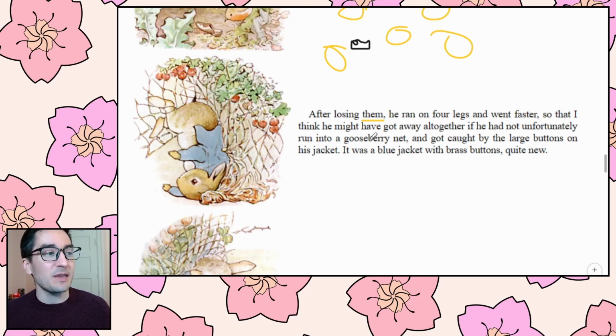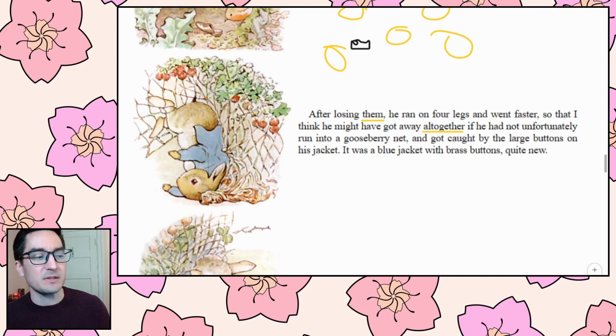So that I think he might have gotten away altogether. Here, I think means the author thinks. Meaning maybe he could have gotten away altogether. Altogether is like completely.